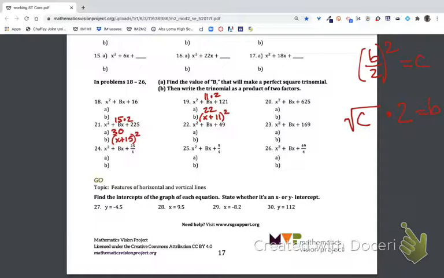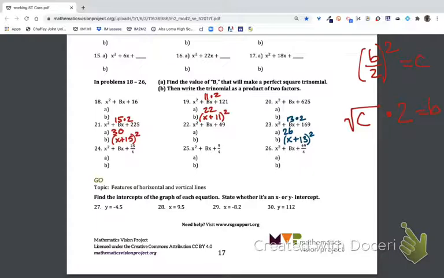Take the square root of 169, you would end up getting 13 times 2 gives me 26. Writing out your factors, x plus 13 all squared. Hopefully you're seeing a pattern. Just like in Module 1, patterns are all around us. Well, in Module 2, they continue to be all around us.